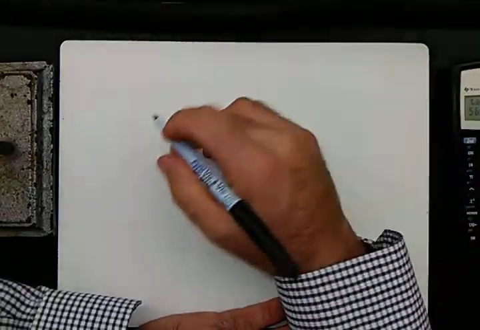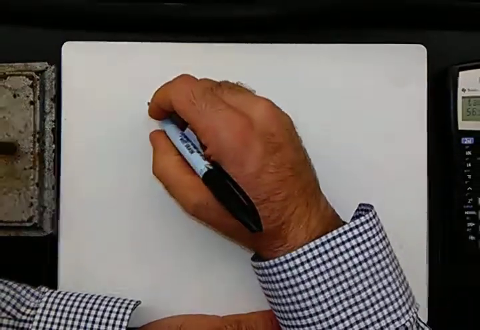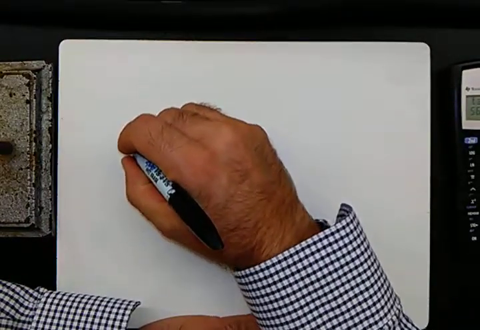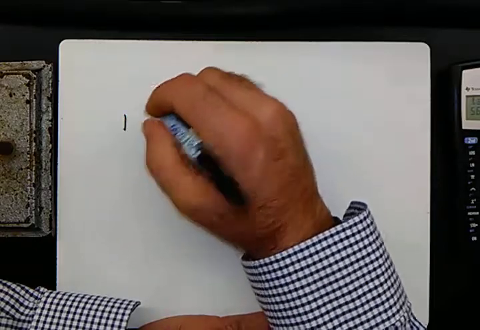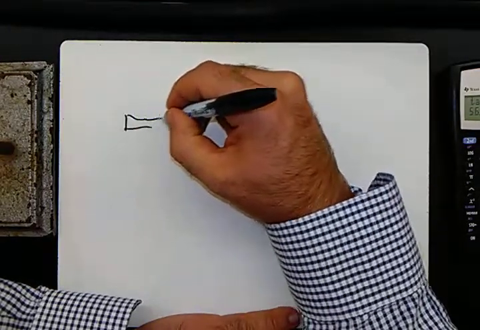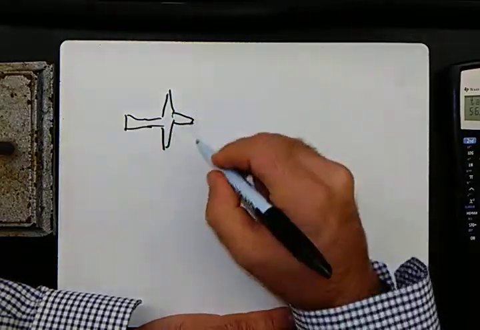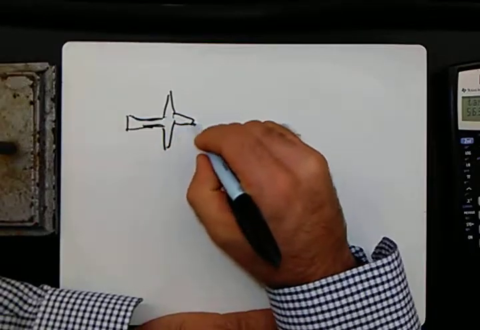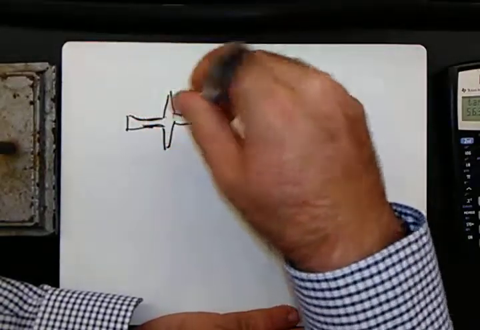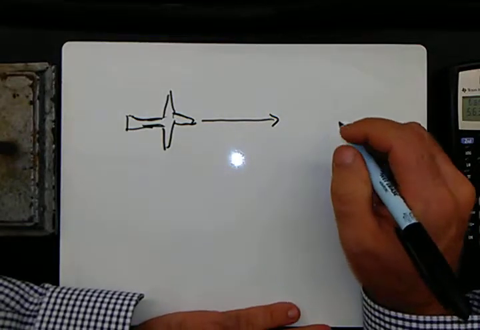Okay, so looking down at it, we'll say that the airplane, here it is. Forgive my drawing; it's not going to be the best. Looking down at an airplane, it's flying, we'll say, eastward.